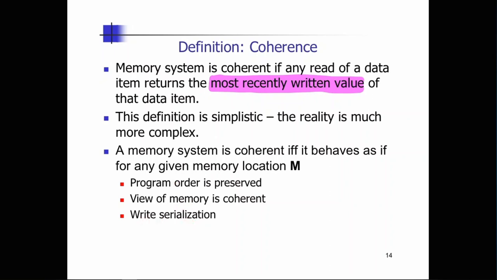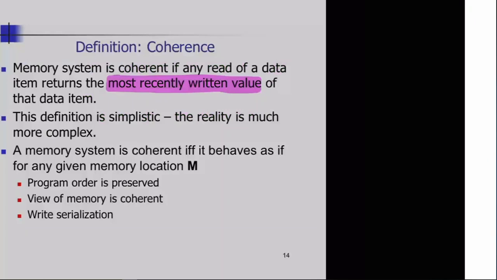We'll take a look at what each of these features means in just a bit. All three have to be satisfied in order for us to call a memory system coherent. So let's see.